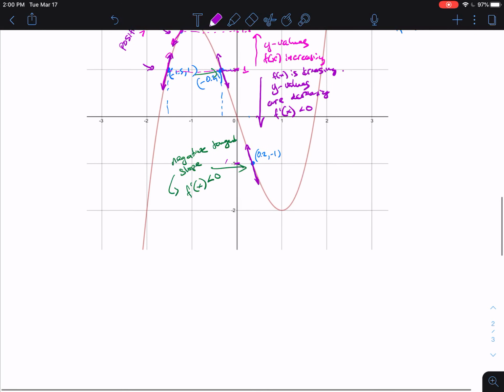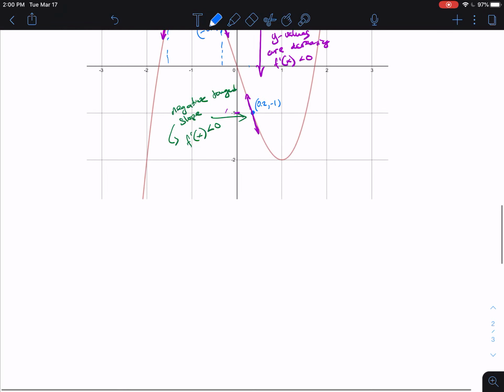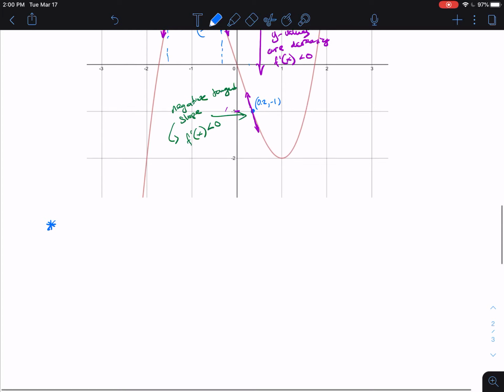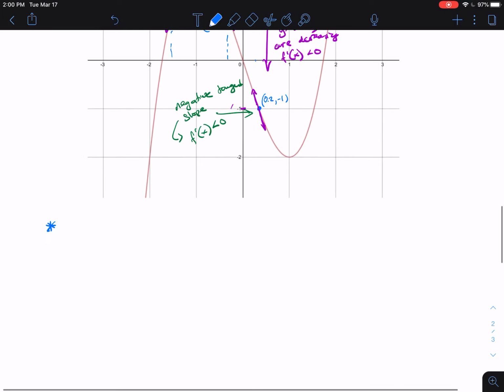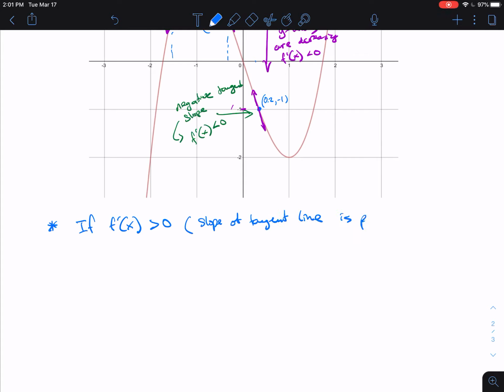Let's go ahead and summarize that. From the picture of the graph we have this. If the slope of the tangent line, or if f prime of x is greater than 0, meaning the slope of the tangent line is positive, then the function values are increasing.